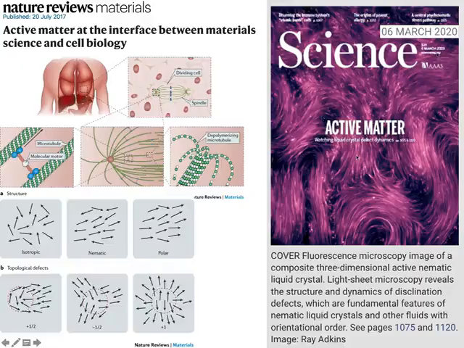And as I said, this is a very active area of research. This is the front cover of Science, one of the most important scientific journals in the world, from March this year, showing the defect dynamics of liquid crystals of active materials.